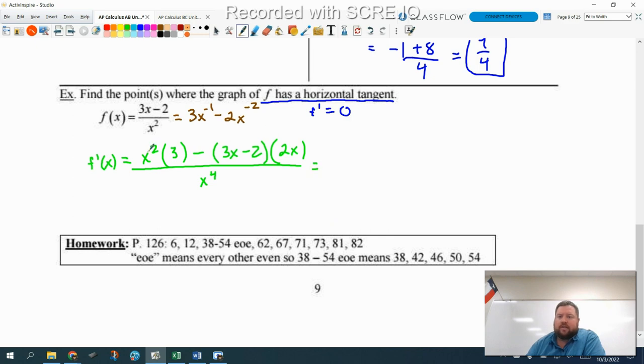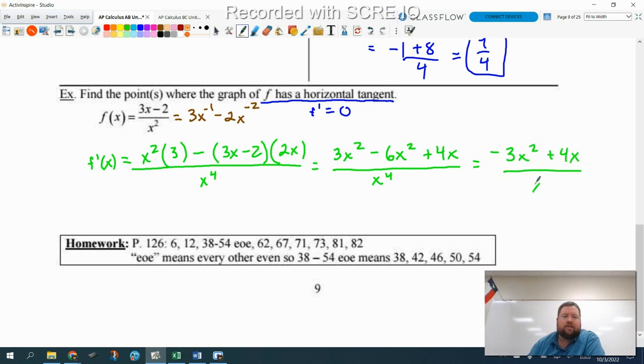All right, let's simplify. So I have 3x squared here, minus, distribute, 6x squared, and then distribute and distribute, so plus 4x, all over x to the fourth. Okay, I can combine like terms, negative 3x squared plus 4x over x to the fourth. And then I can, everything's divisible by x.